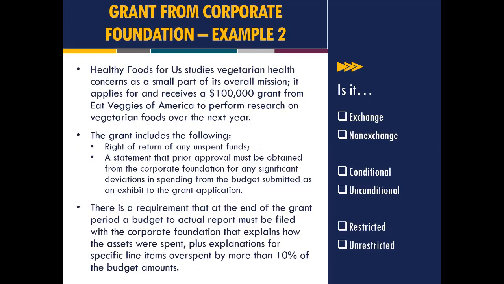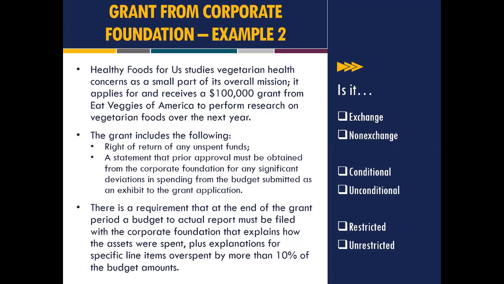Okay, another example. This is a grant from a corporate foundation. Healthy Foods for Us studies vegetarian health concerns as a small part of its overall mission. It applies for and receives a $100,000 grant from Eat Veggies of America to perform research on vegetarian foods. The grant includes the following stipulations.